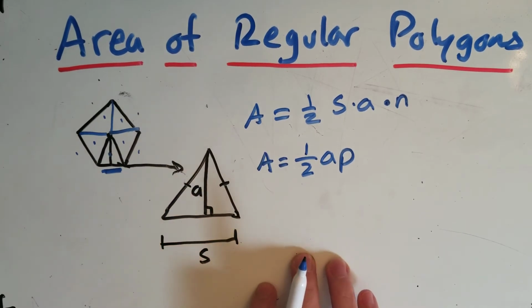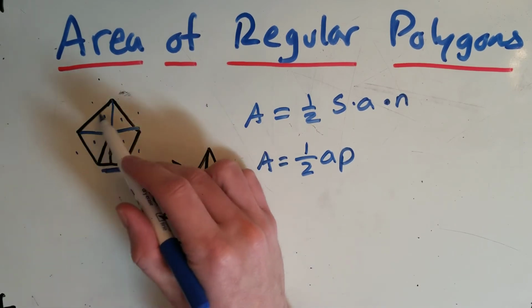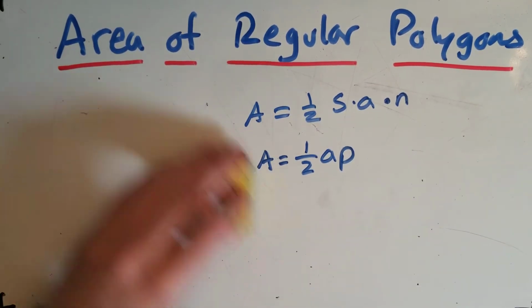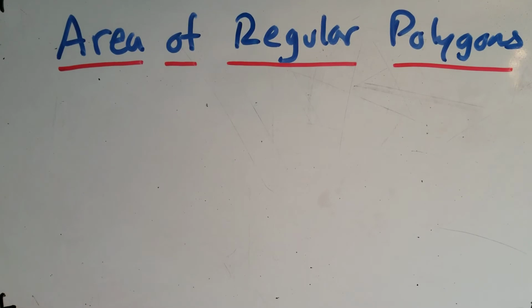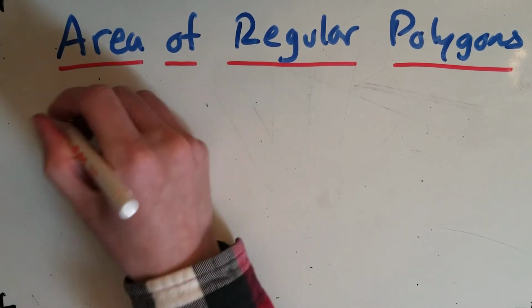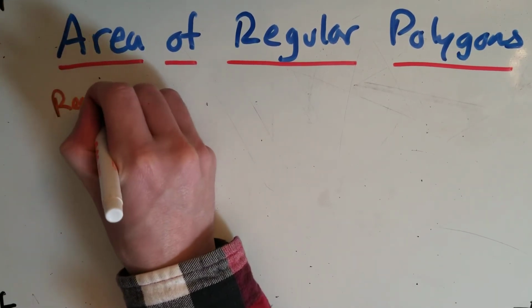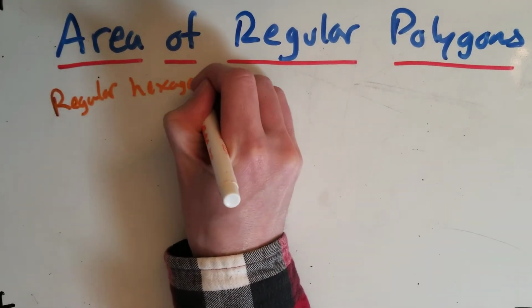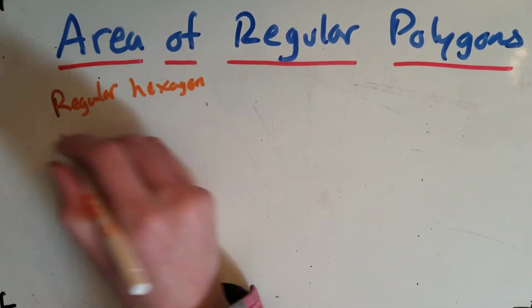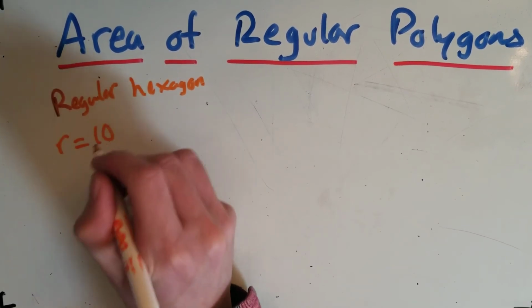So let's do a couple of examples on how we can use this formula to find the area of different regular polygons. Our first one that we're going to look at, we're going to try to find the area of a regular hexagon, and the only information we're given is the hexagon has a radius of 10.